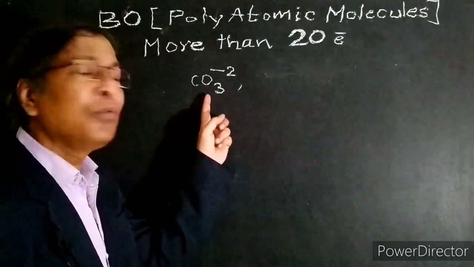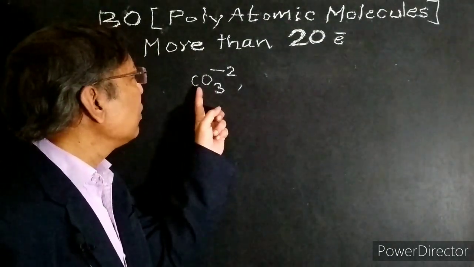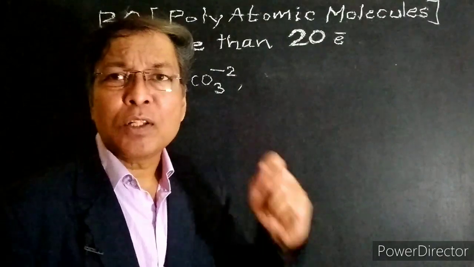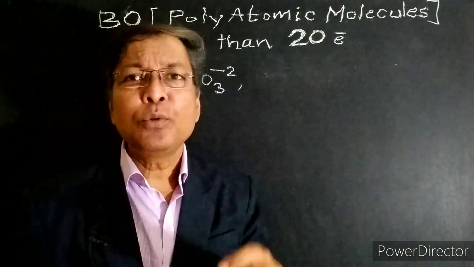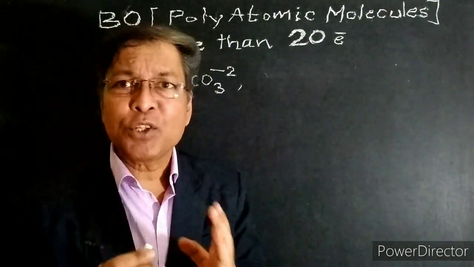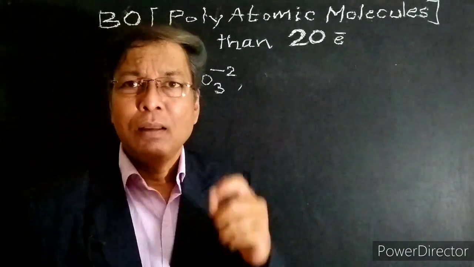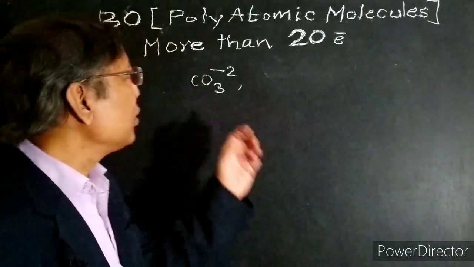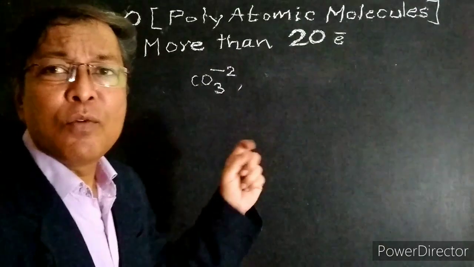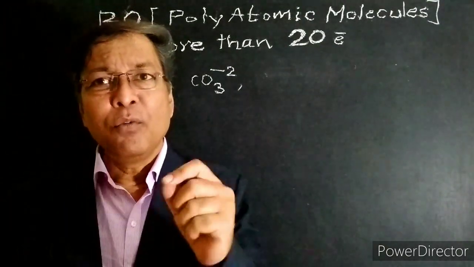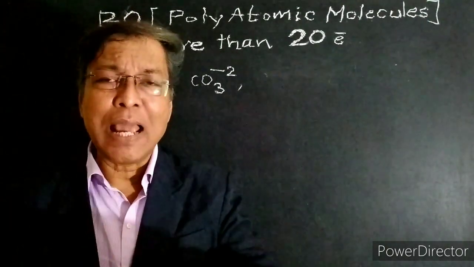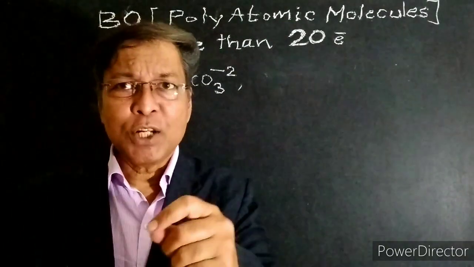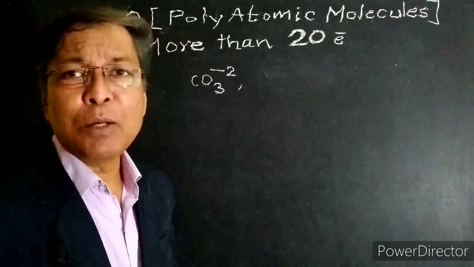Suppose we want to draw the structure of CO3-2. The first step is we have to find out which is the central atom. I repeat, to draw the structure of a polyatomic molecule, first we have to find out which atom is the central atom. How to find the central atom in the polyatomic molecule?